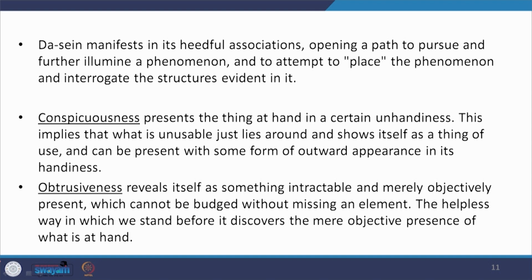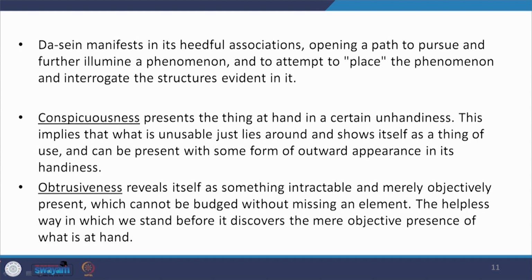Conspicuousness presents the thing at hand in a certain unhandiness, which implies that what is unusable just lies around and shows itself as a thing of use, and therefore can be present with some form of outward appearance in its handiness.